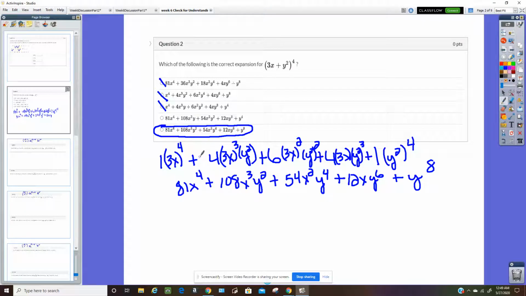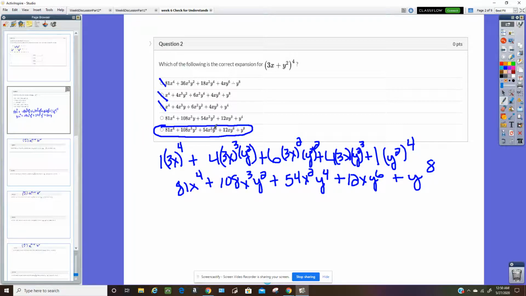So now you're between these two. This would be true if this was to the first power: you would have x to the fourth, x cubed y, x squared y squared. But this is to the second power, so that changes these here.